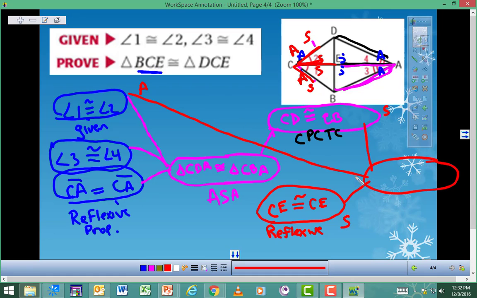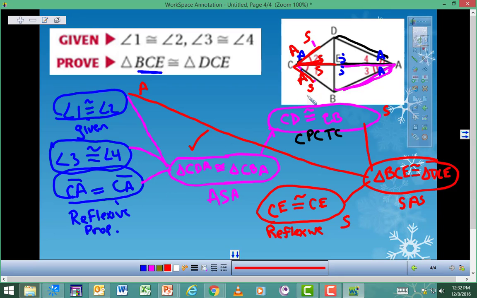So I'm going to say triangle BCE is congruent to triangle DCE. Okay? And now this time we would say side, angle, side. So let's look how this works. Typically when you're using corresponding parts of congruent triangles, you start out by showing one pair of triangles are congruent. That's what we did right there.